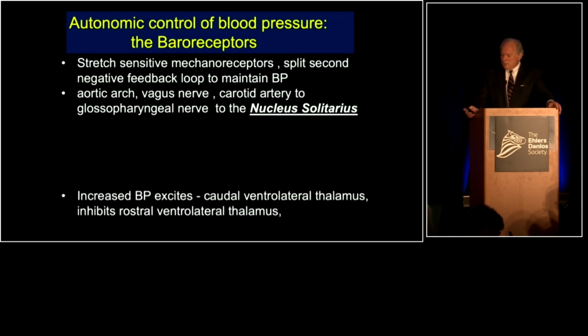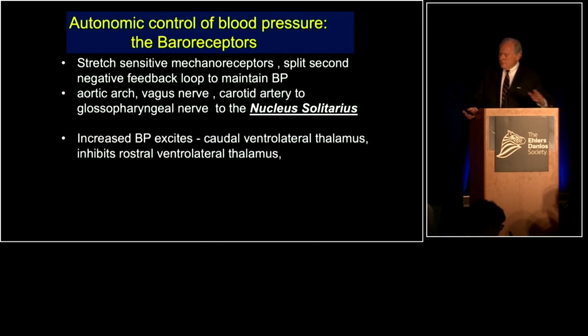So if you have a high blood pressure, sensory fibers send a signal up to the nucleus solitarius, and that exerts an excitatory effect on the thalamus, that exerts an inhibitory effect on the rostral thalamus, that inhibits the hypothalamus, that results in inhibiting the sympathetic output.